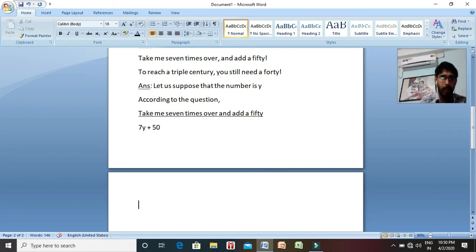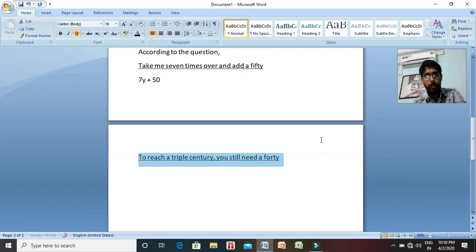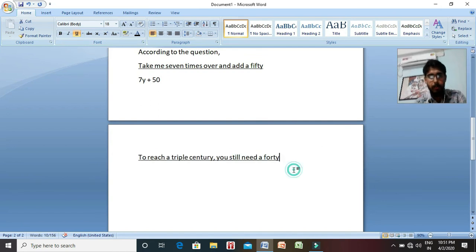So first of all, let us write the statement. To reach a triple century, you still need a 40. Let us underline this particular thing.